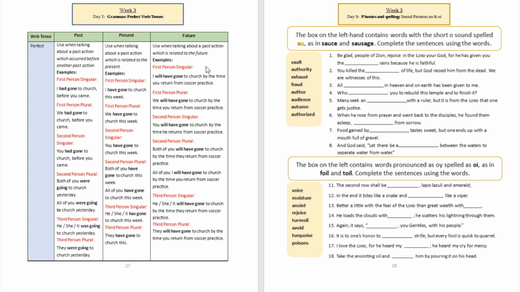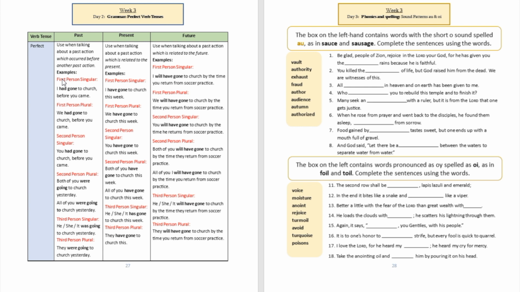So if you're seeing on the screen over here, let's just concentrate on the day number 2 part of the curriculum. The next time we're going to be talking about day number 3. Let's focus on the grammar section, which can be found in your workbook on page number 27. In the past perfect section, we use the past perfect tense when talking about a past action which occurred before another past action.